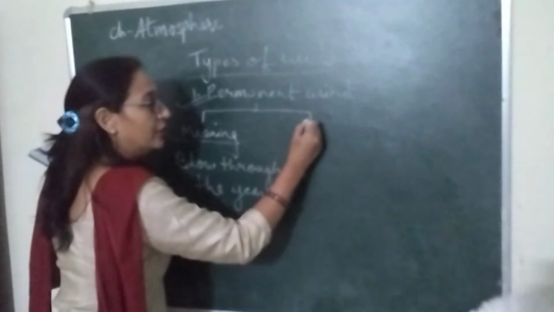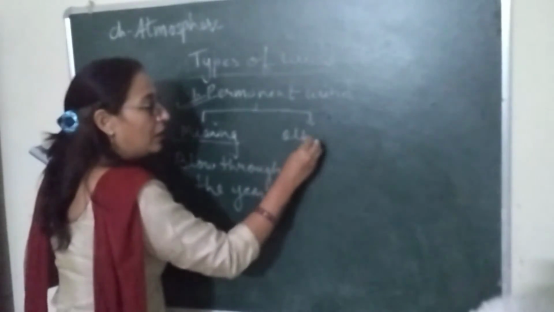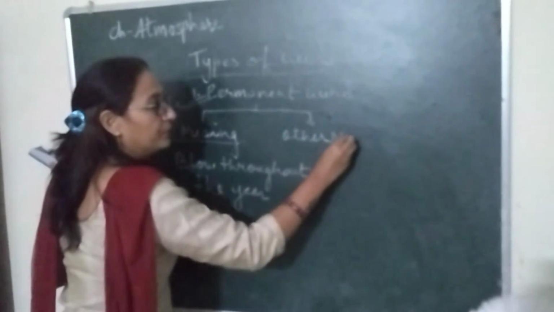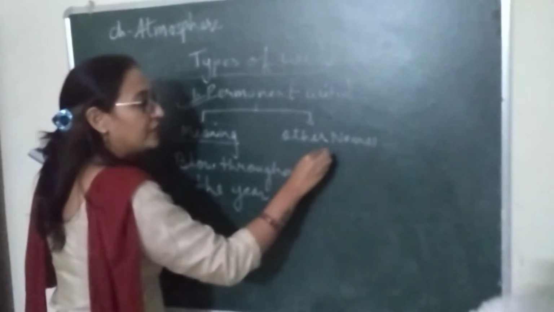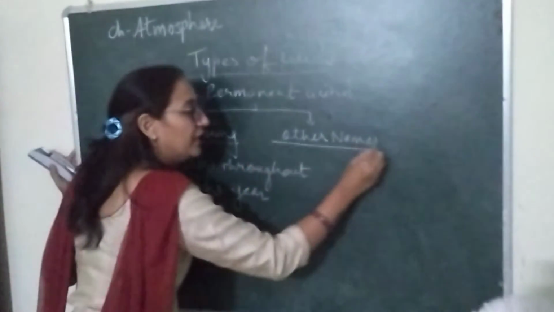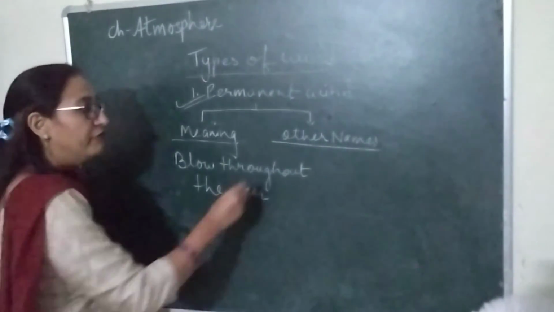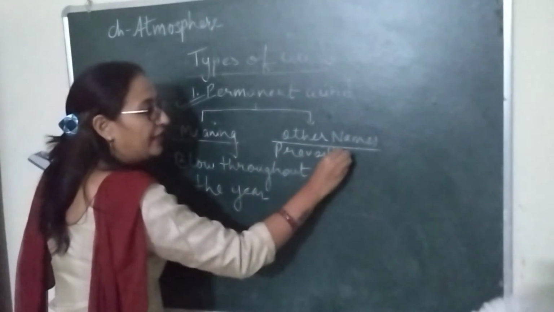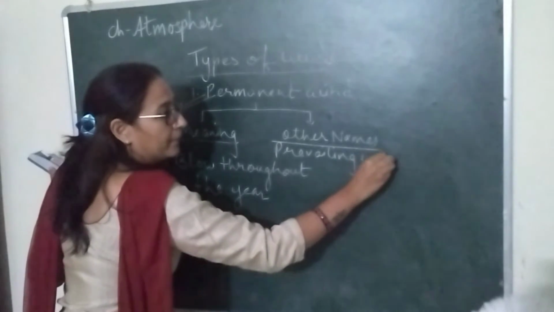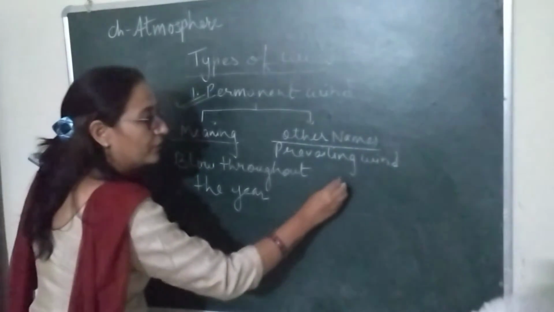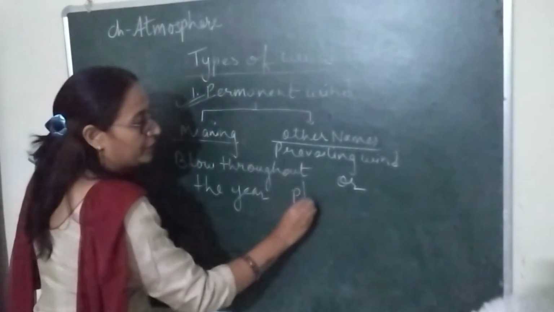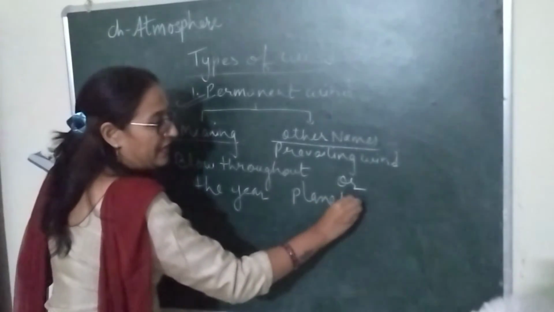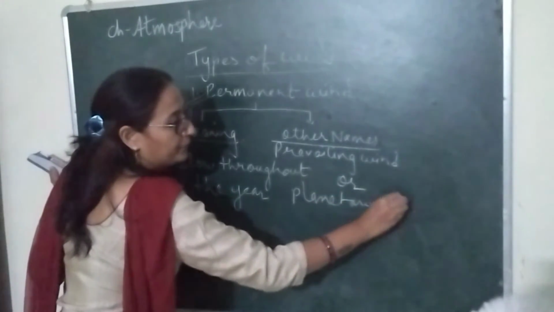Next we have to learn about other names. What are the other names of permanent wind? Permanent wind is also called prevailing wind or planetary wind.